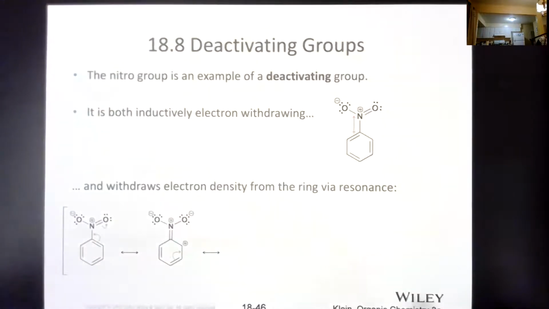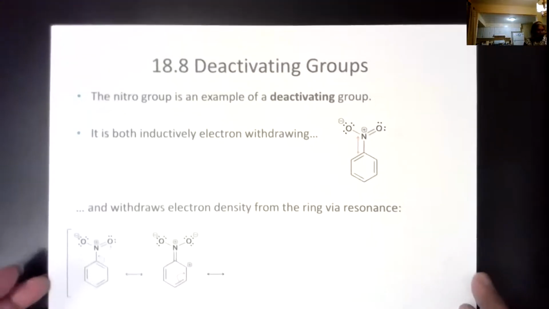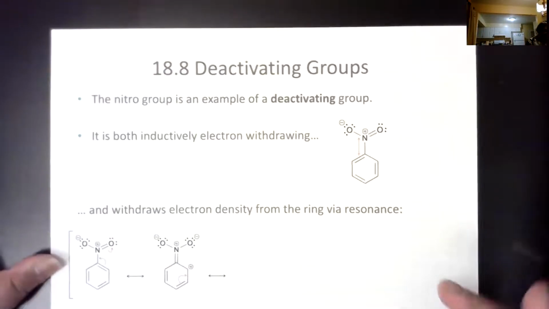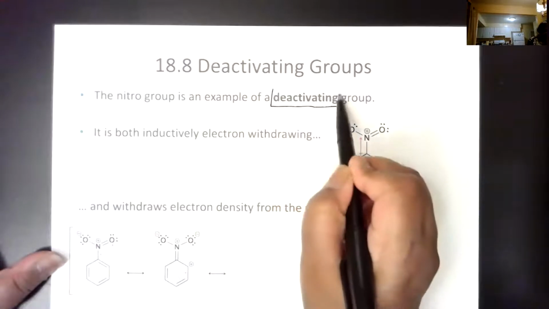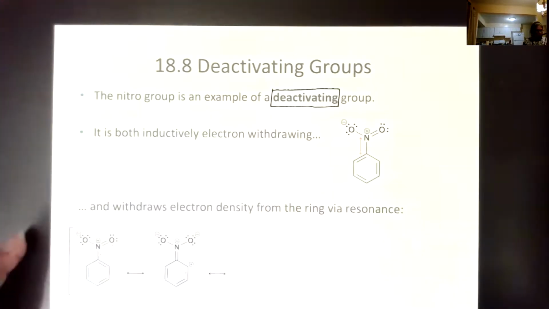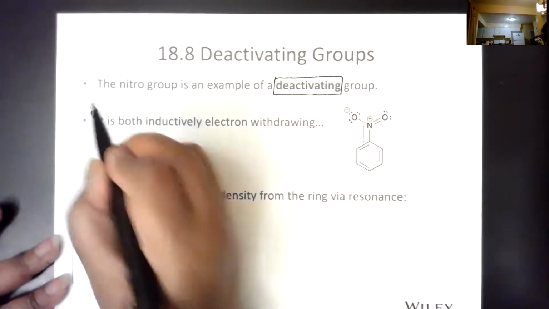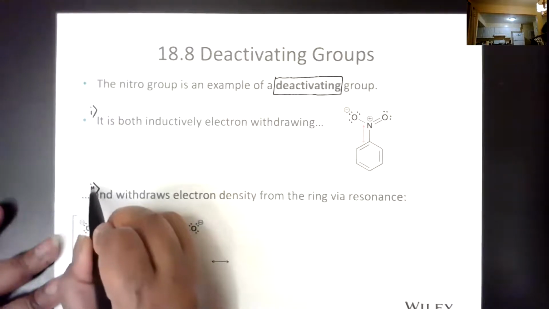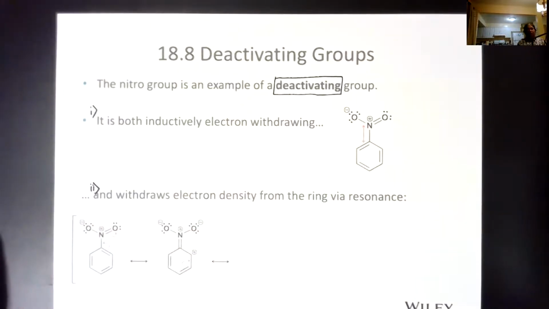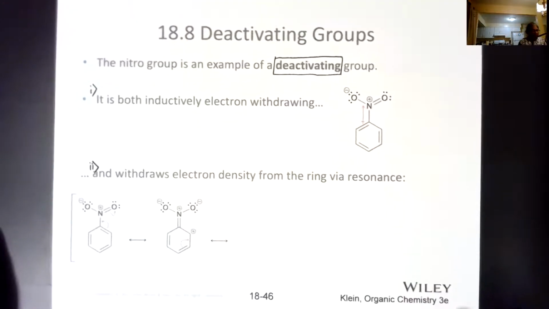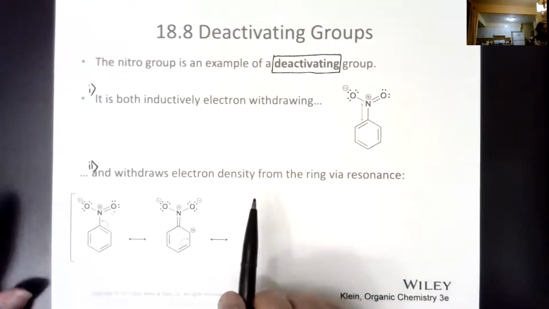Now, we are going to look at deactivating groups. Example of a deactivating group is the nitro group. So how does it play a role as a deactivating group? It is inductively deactivating.